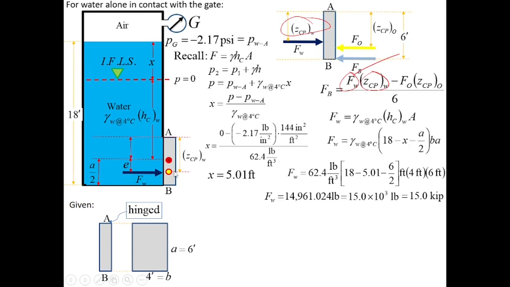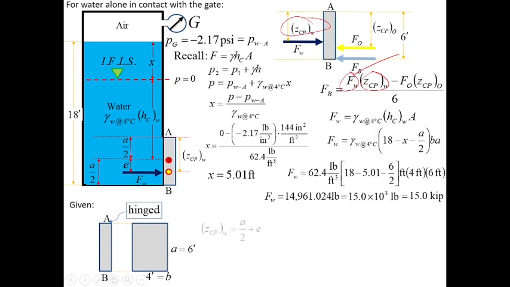Aside from the eccentricity, we need to find this distance from the top of the gate, which is at A, and down to the centroid of the gate. And of course, since it is a rectangular gate, this will be A over 2, right?